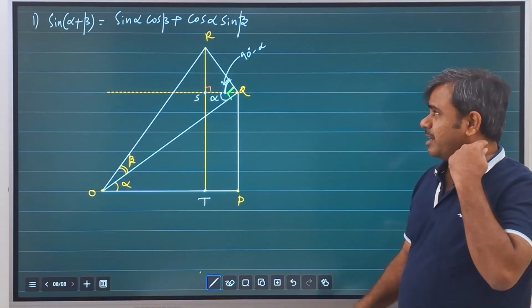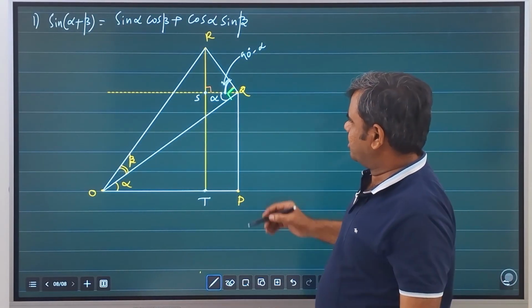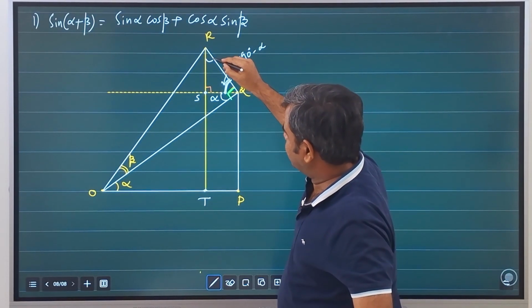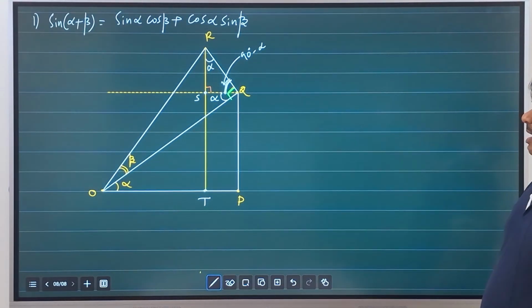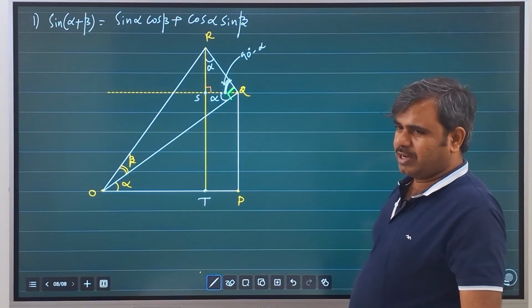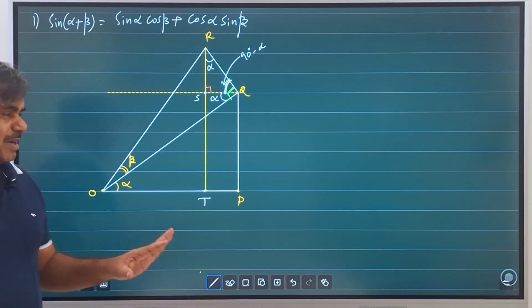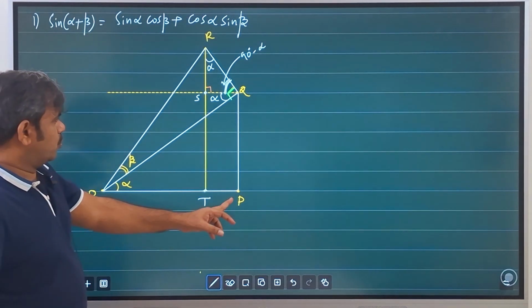Look at this right-angled triangle, QSR. Since this angle is 90 degrees minus alpha, this angle should be equal to alpha. Angle R is equal to alpha. You can see three right-angled triangles here. We are going to make use of three right-angled triangles. One is OPQ.